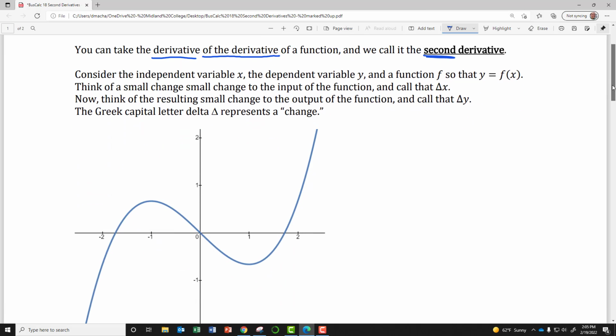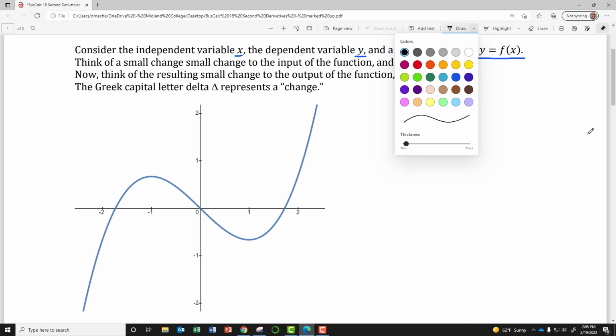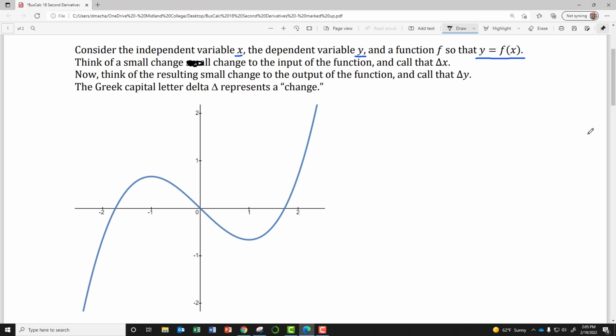So if you were to consider the independent variable x, the dependent variable y, and let's just come up with any function f so that we let y equal that function of x. If you think of a very small change to the input of the function, we're going to call that delta x.